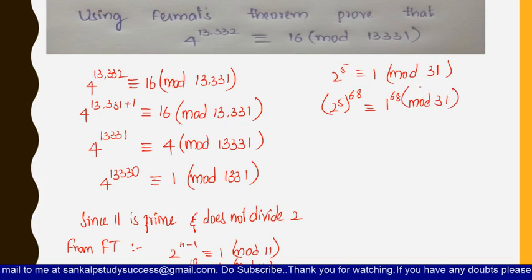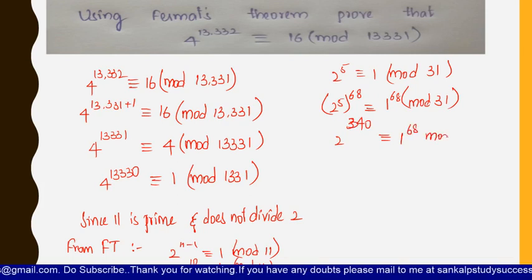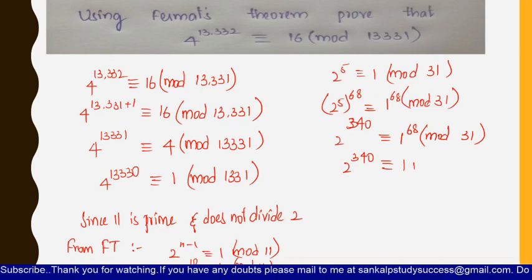Am I correct? Now, what does it become? 68 into 5 will give you, I think it is 340, right? Yeah, it is 340, which is congruent to 1 to the power of 68 mod 31. 1 to the power of 68 is nothing but 1 only, right? So 2 to the power of 340 is congruent to 1 mod 31.